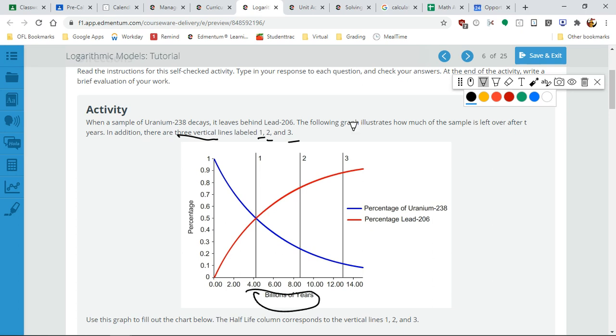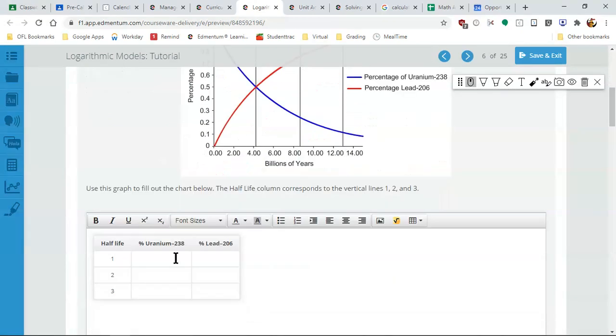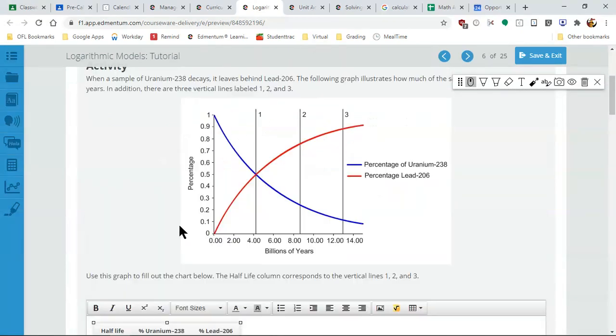If we look right here, this line tells us when they're even. Line 1 tells us when they're even. Line 2, I guess we're going to figure out what that is, because it's going to tell us a certain gap in between, I assume. And over here, it's going to tell us a different gap. I have a feeling they're going to explain that in a bit. But I know line 1 represents when they're even.